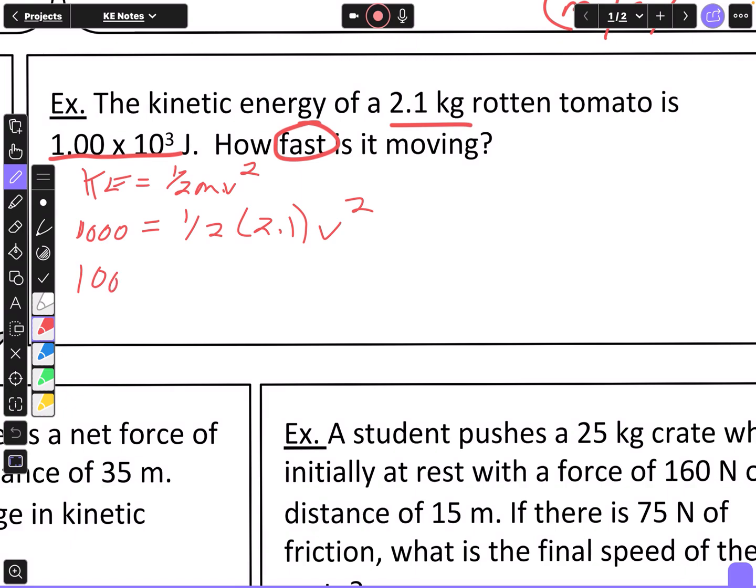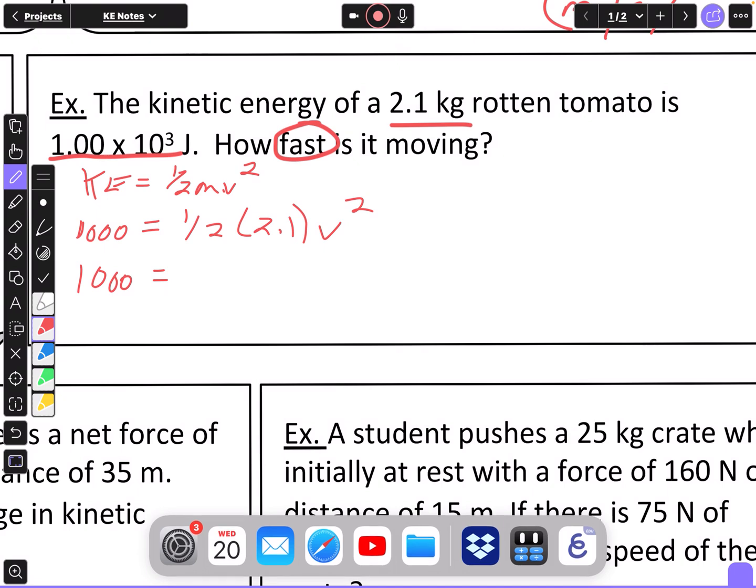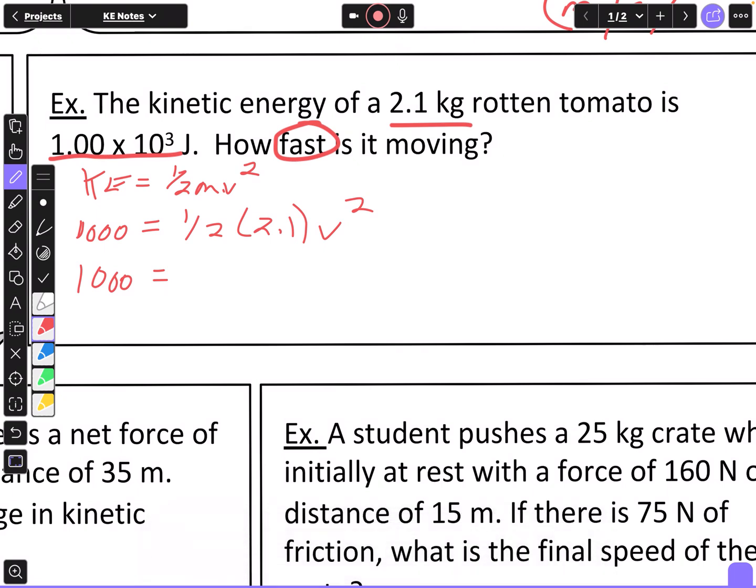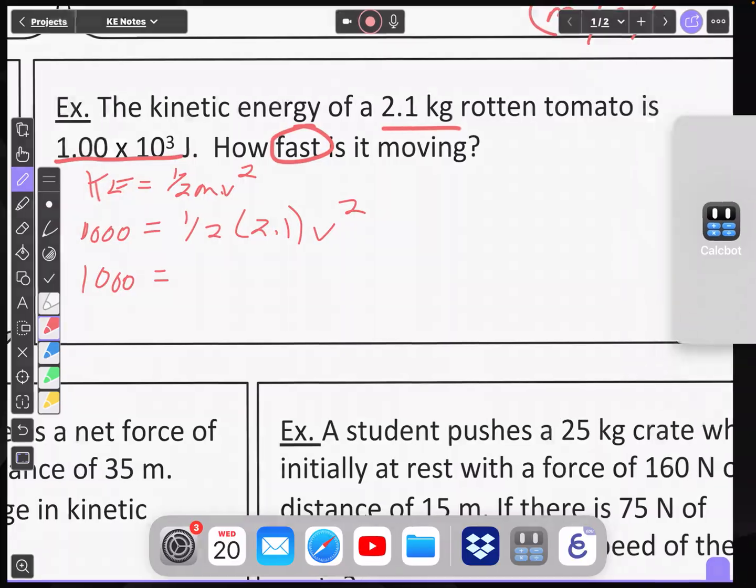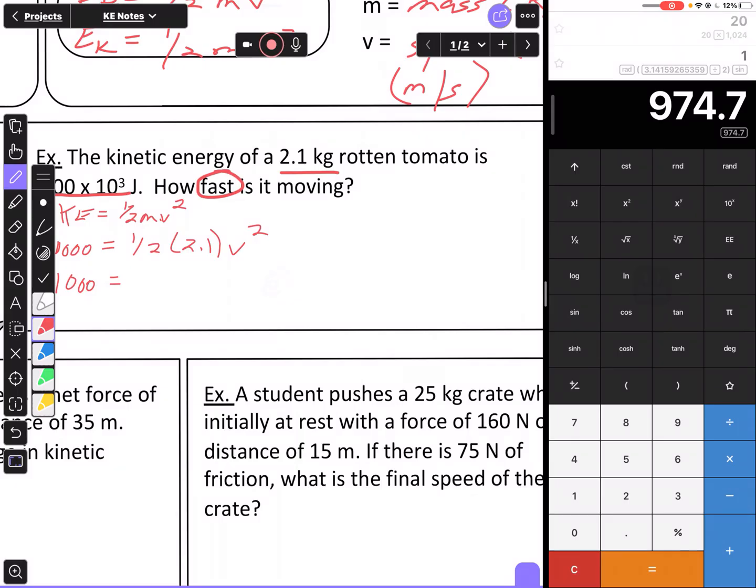So that would equal 1,000 equals 1.05 times v squared.